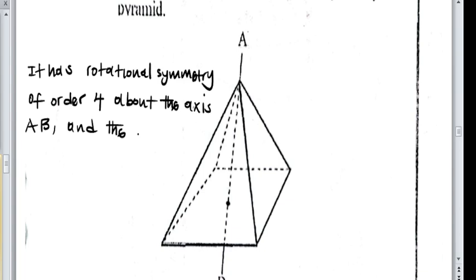and we can include the angle of rotation. The angle of rotation about AB here for a square is 90 degrees. It's 90 degrees.